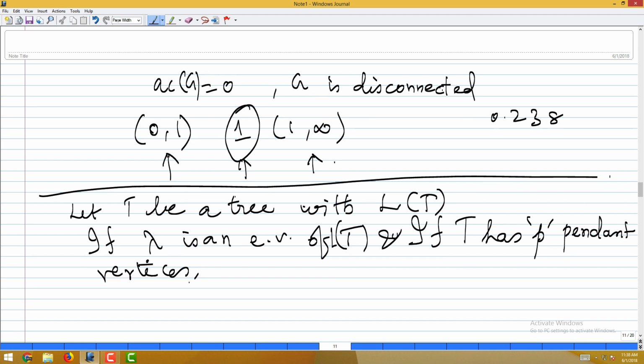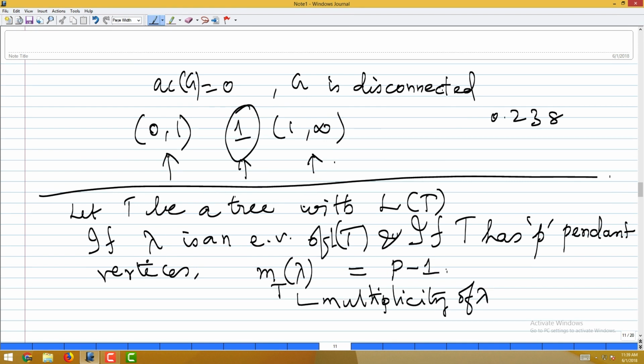then the multiplicity of lambda, the occurrence of lambda, depends on this p, and it can never exceed p minus 1. So, m of lambda, this is the notation that we give for multiplicity. The multiplicity of lambda is going to be less than or equal to p minus 1.